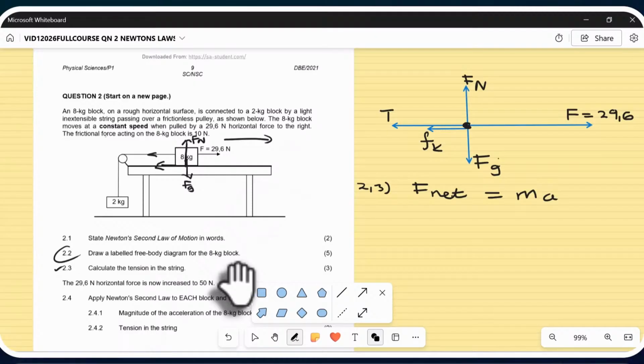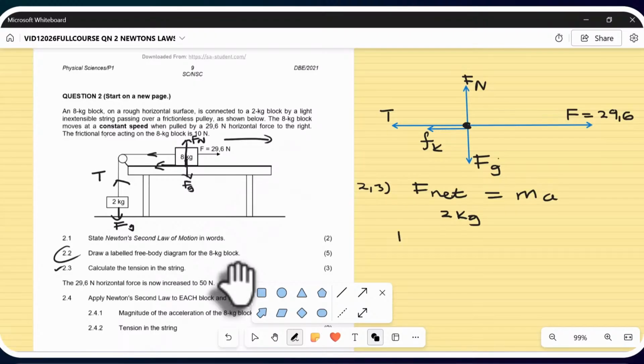You can use this one here actually. It's going up by the tension here, and then opposed by the Fg. So that's our 2 kg block. Because of the constant velocity, there is no acceleration. So we're going to say that the tension minus Fg equals to ma.